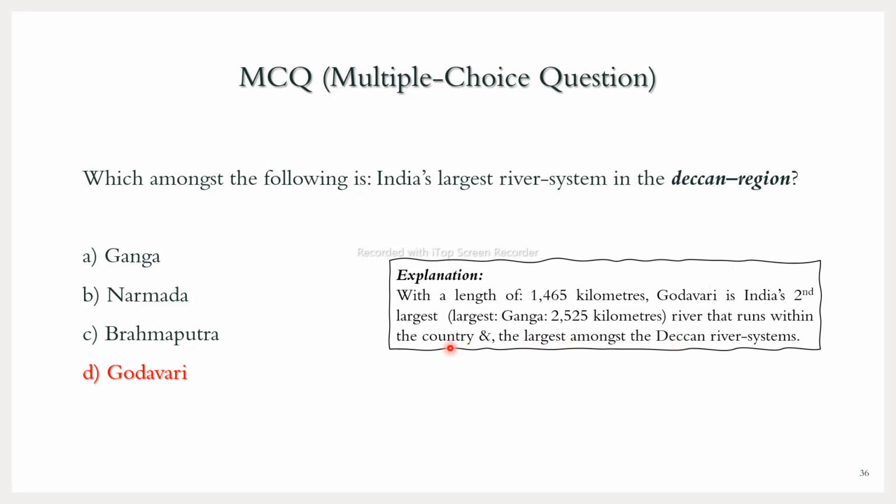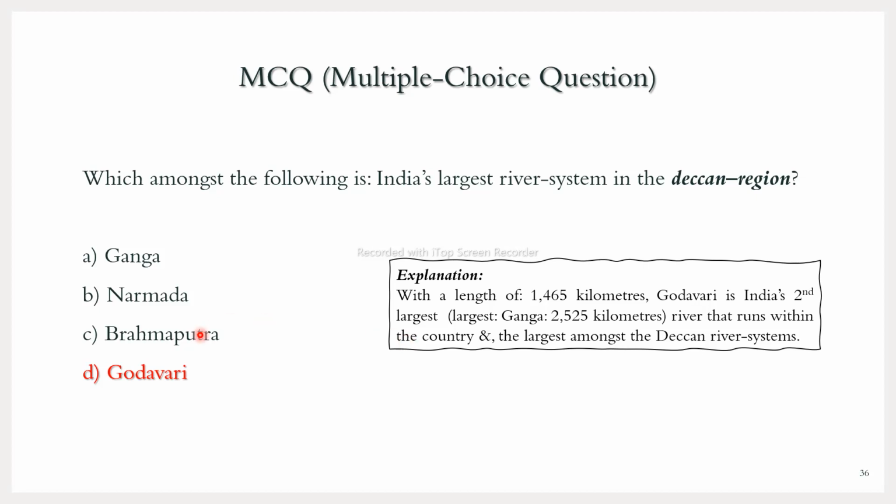Godavari is the second largest and the largest of the Deccan region. It has got a length of 1465 kilometers, and Narmada is the least long of them. It has a length of, I guess, 1300 or so kilometers.